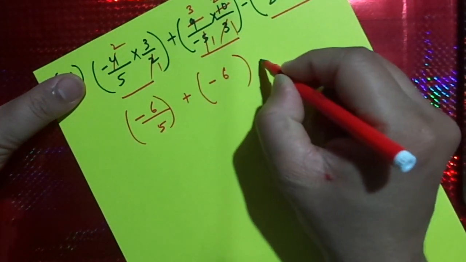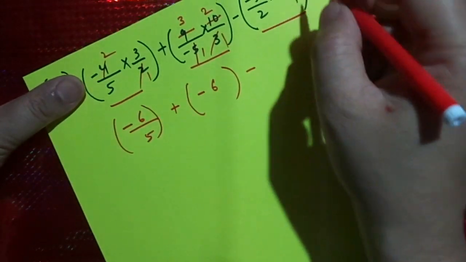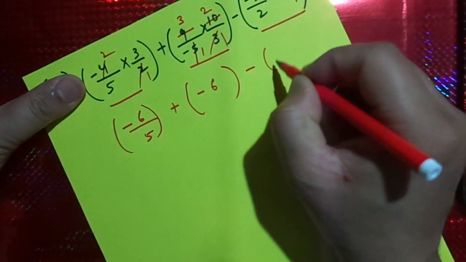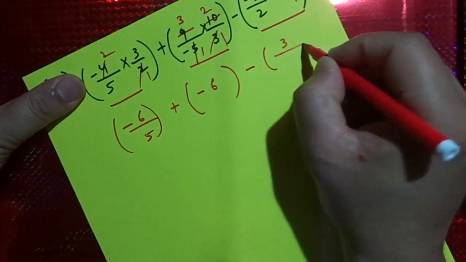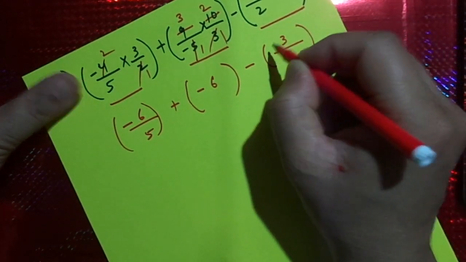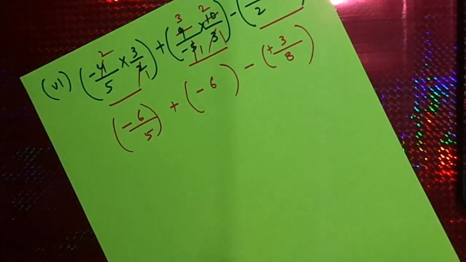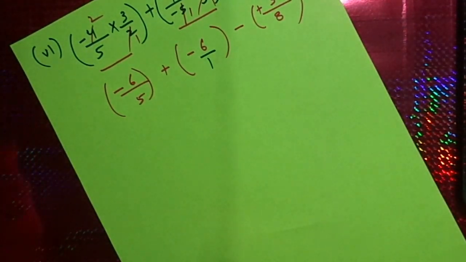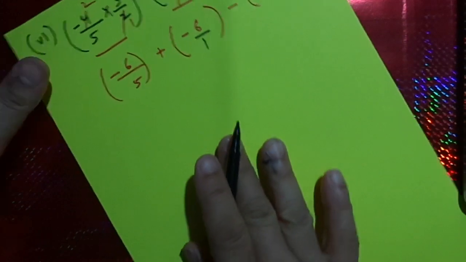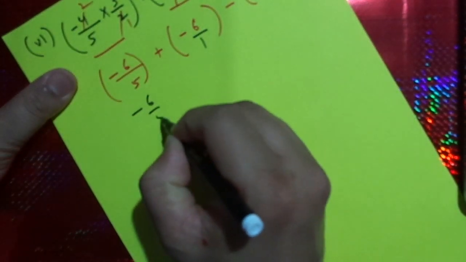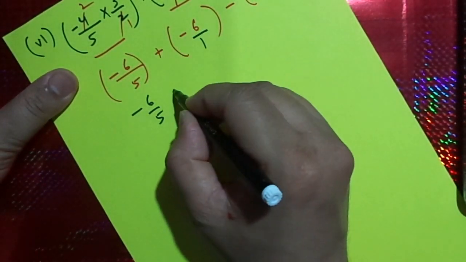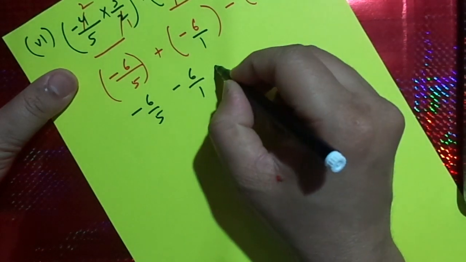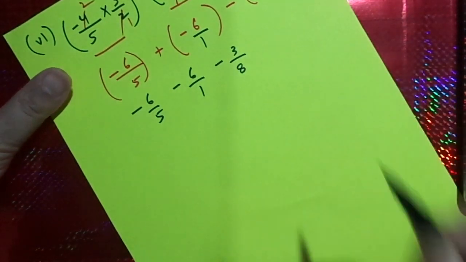I have kept it in a bracket. Minus into minus, plus 3 by 8. Now this minus 6 means minus 6 by 1. Let me reduce it a little more: minus 6 by 5 plus into minus, minus 6 by 1 minus 3 by 8.